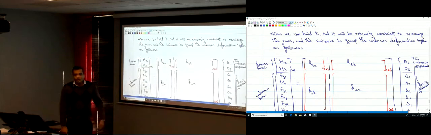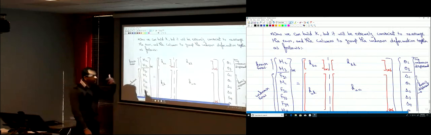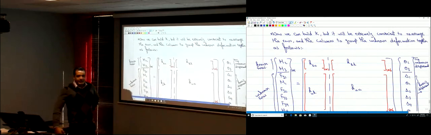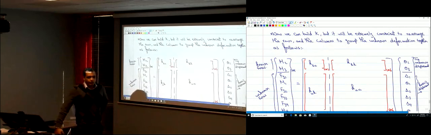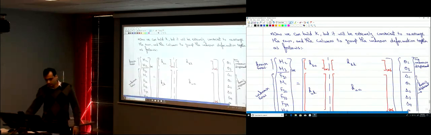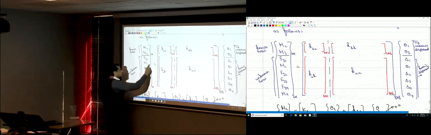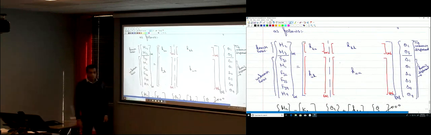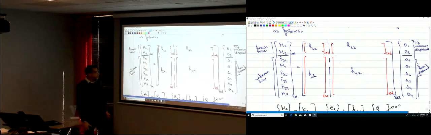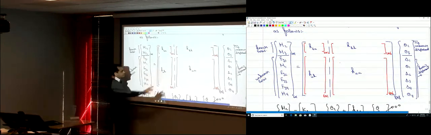Now, once you know theta 2 and theta 3, let's say I ask you, how much are the reactions? Where are the reactions here? Those are the reactions, right? The unknown forces are the reactions, right? So how can I find this from this matrix?